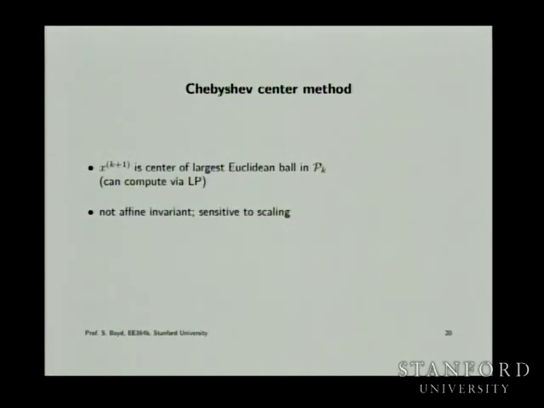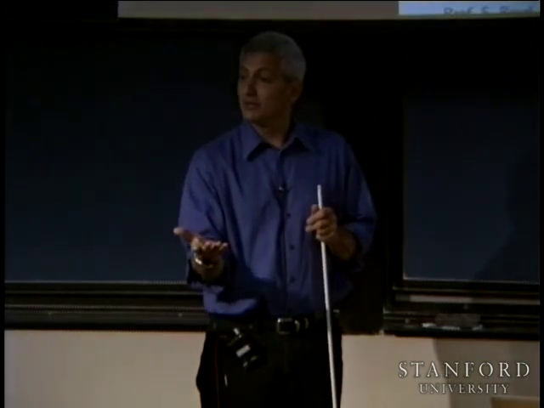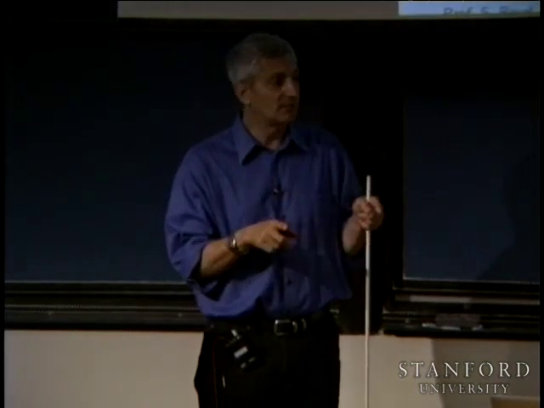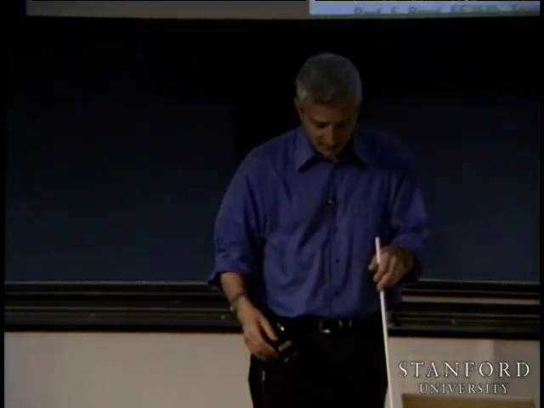Now this one, however, is not affine invariant. In other words, if I take my original problem and do a linear change of coordinates, for example scale the variables, then with the maximum volume ellipsoid and the CG, you get a commutative diagram. If you take a polyhedron and subject it to an affine mapping, multiplying by T and adding some S, where T is a non-singular square matrix, then the CG will change coordinates exactly the same way, because CG commutes with an affine change of coordinates.